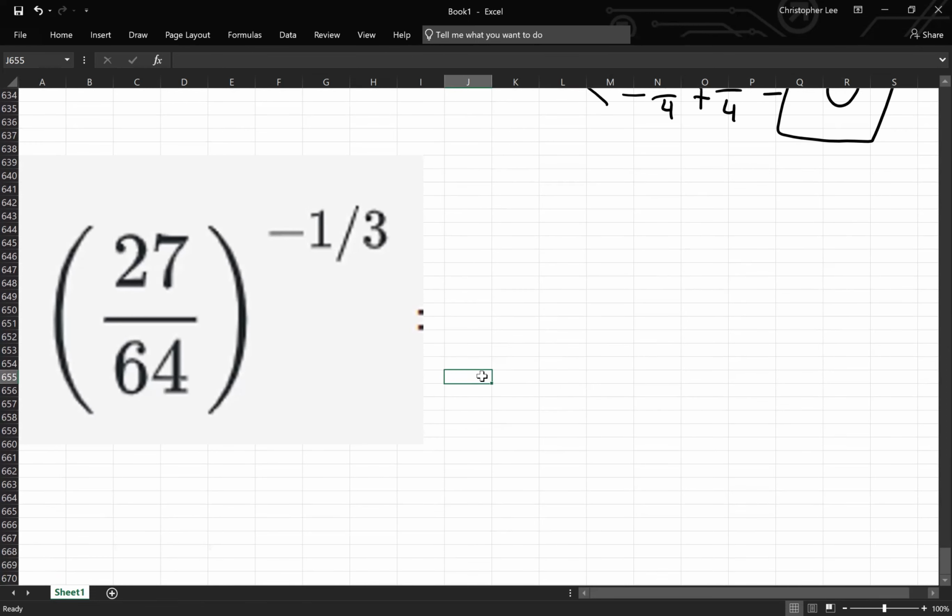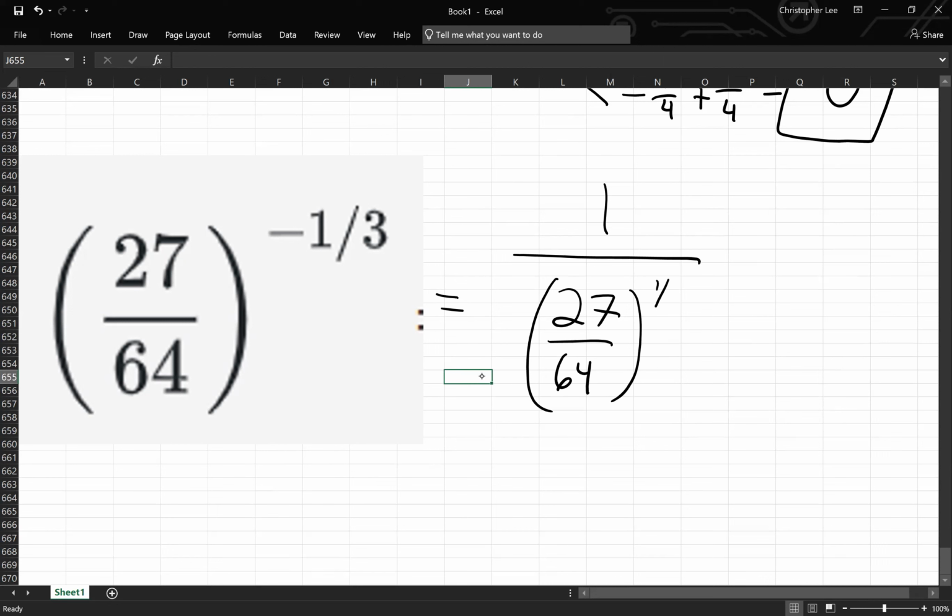All right, this is a real easy question right here. How do I do this? First off, it's negative. So what happens to negative exponents? Exactly, right? So this becomes 1 over 27 over 64 to the 1/3 power. Help me out. What is that?